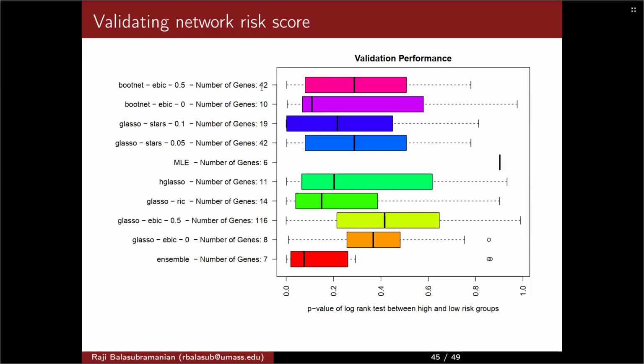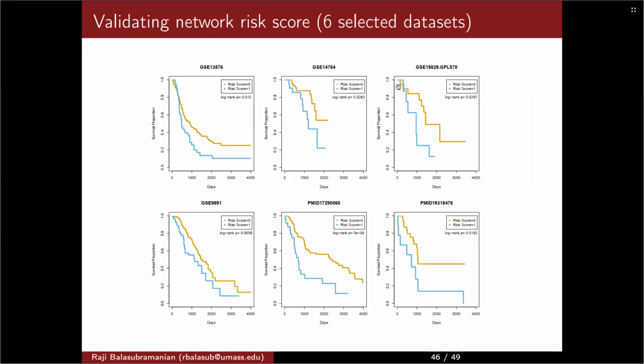For example, the top one picked 42 hub genes, so you have a pretty complicated score. But when you use that score to classify low versus high risk, you found p-values that were pretty large, which means that score is not doing a great job in separating those who have low survival from those who have longer survival. We thought this was a neat illustration of how you take a network and translate it to predict something that everybody cares about, and see how well that prediction works.